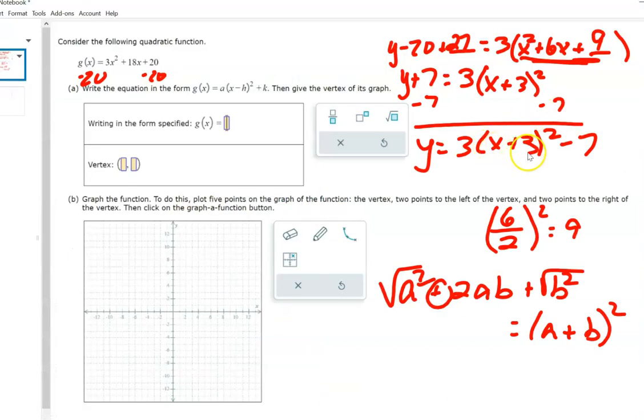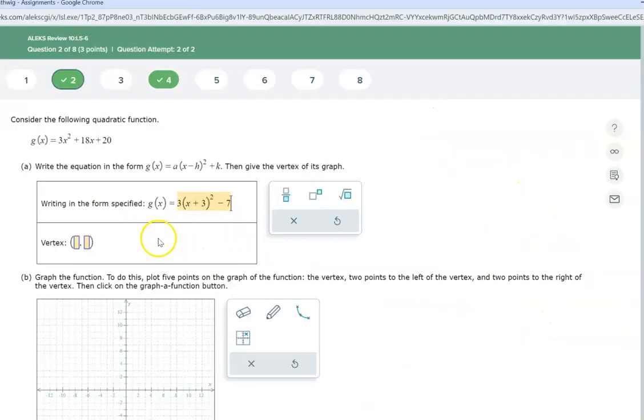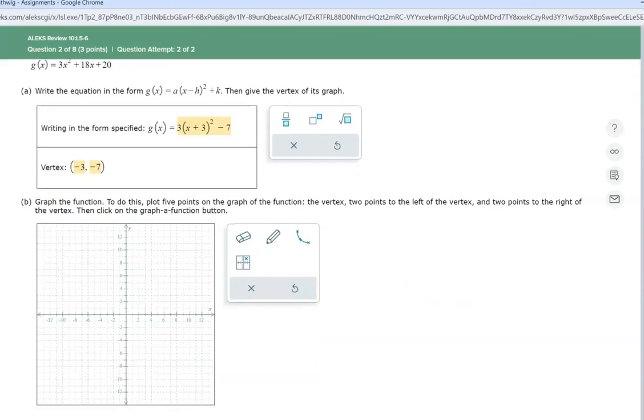Yep, 3 times x plus 3 squared minus 7. So that means my vertex is at what's going to make this equal to 0, which is negative 3, and my k is negative 7. So that's my vertex.